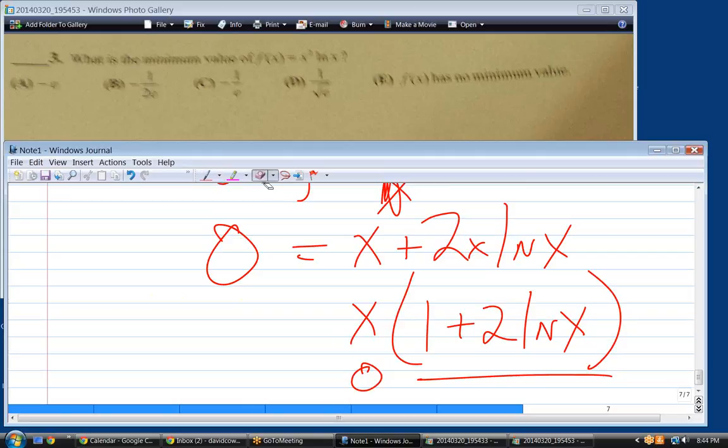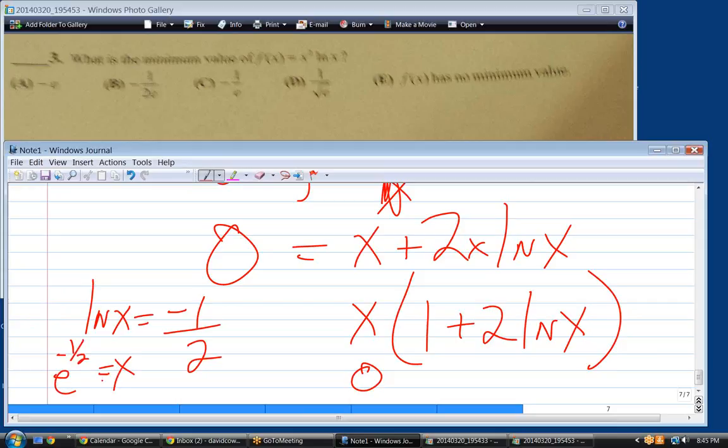Yeah, let's solve that. In other words, I've got 2 natural log of x equals minus 1, so natural log of x is equal to minus 1/2. So I've got e to the minus 1/2 equals x. So there's the second place. So there are 2 places that have horizontal tangents.